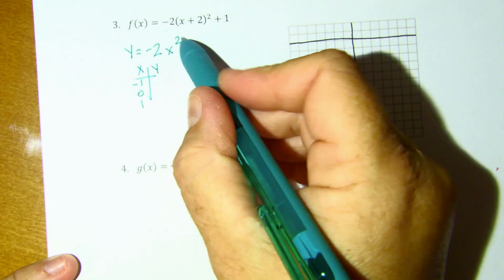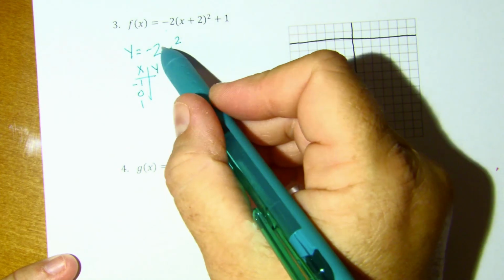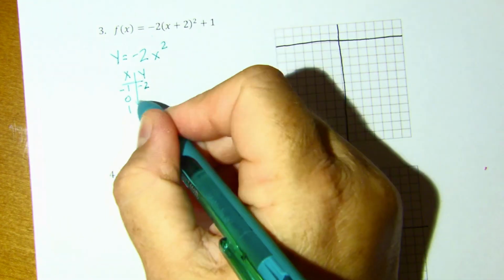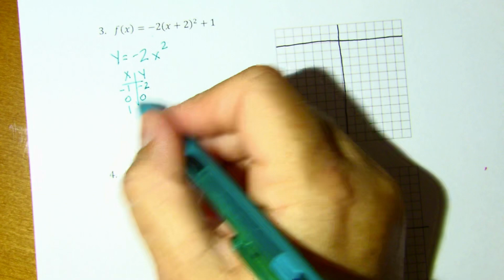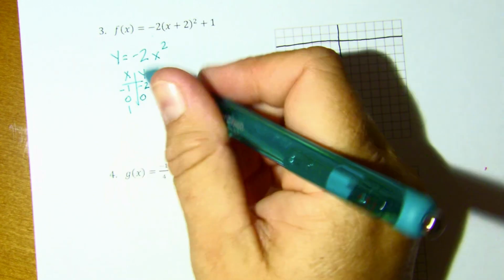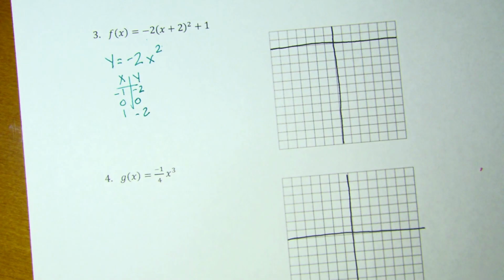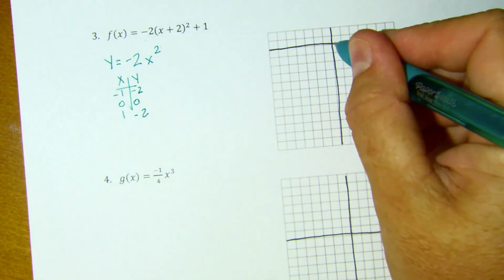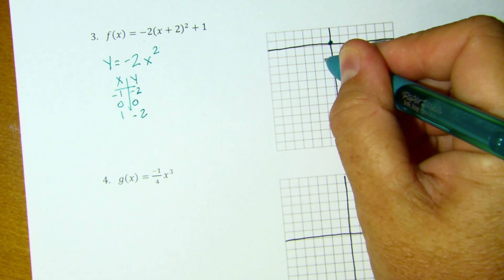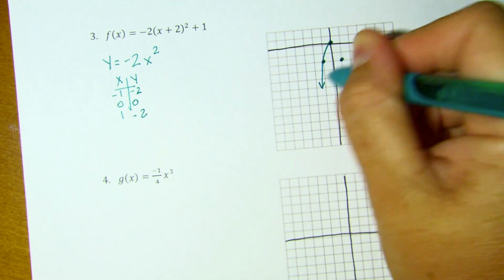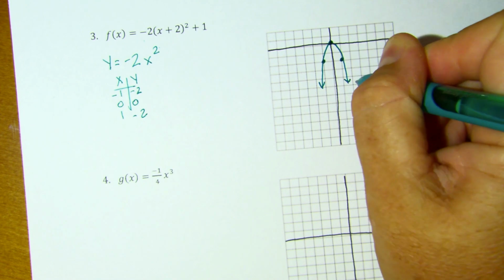Negative 1 squared is 1. 1 times negative 2 is negative 2. 0 squared is 0 times negative 2 is still 0. 1 squared is 1 times negative 2 is negative 2. So I can go ahead and plot those points. And we see our parabola curving down this way, and this is y.